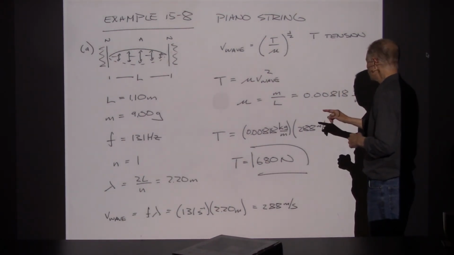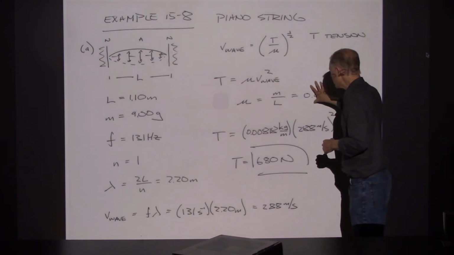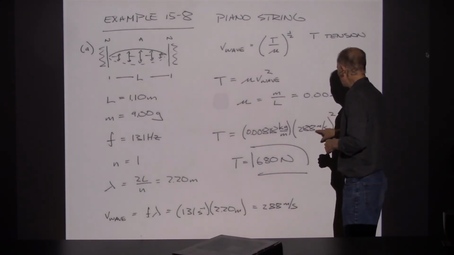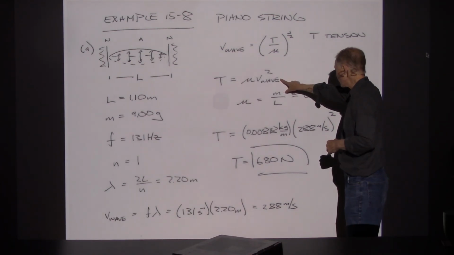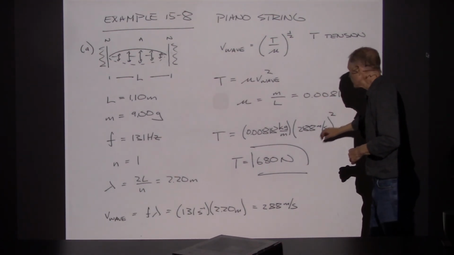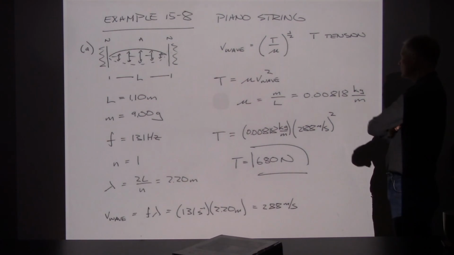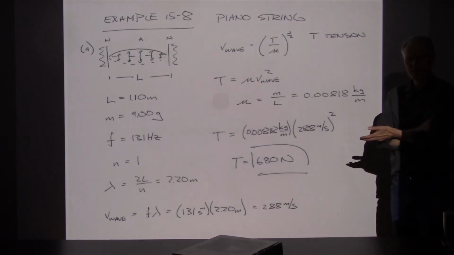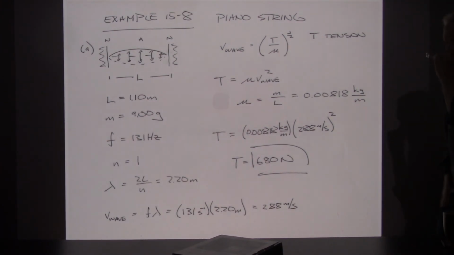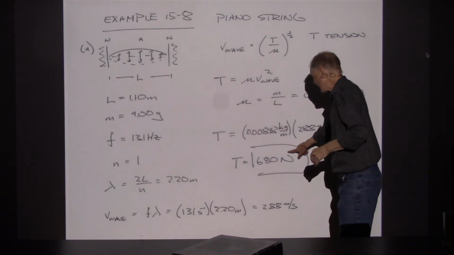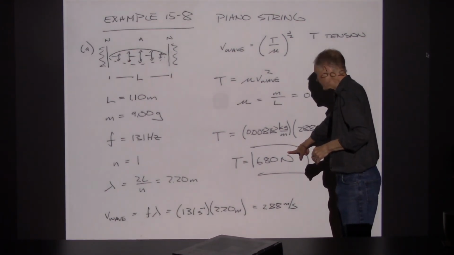So we've got the mu, we've got the wave speed figured out. We can put those together into our formula, make sure this gets squared, and it says the tension we're going to need to create this frequency with this string with these properties. The piano string needs to be tightened to 680 newtons.